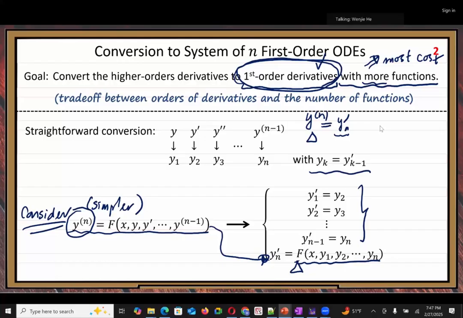When I say we cannot solve, that means we cannot find mathematical formulas for the solution. It is too complicated, so we don't know how to solve it. But you don't need mathematical formulas to represent the solution.